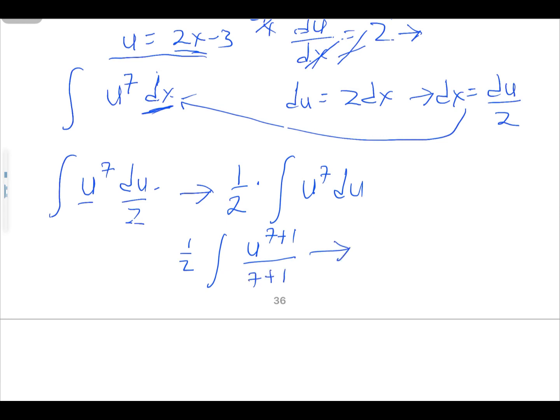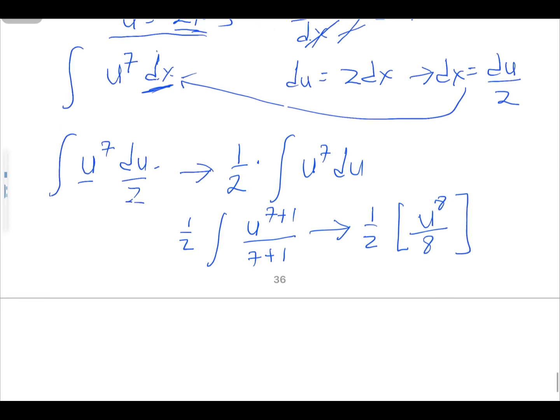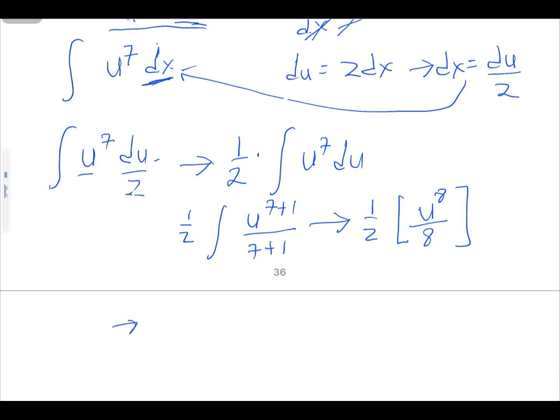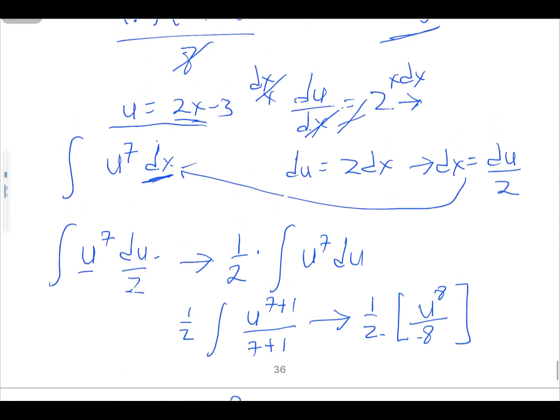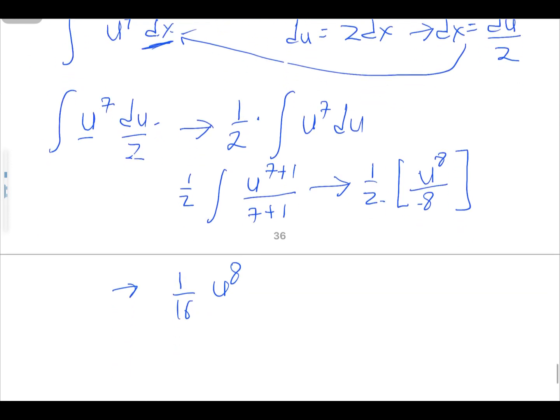And therefore you are going to get 1 over 2, then U power 8 over 8. And at the end of the day, we are going to get 1 over 16, because I multiply the 2 times 8, and then we have U power 8. But don't forget that in the initial stage, we said that let U equal 2x minus 3.